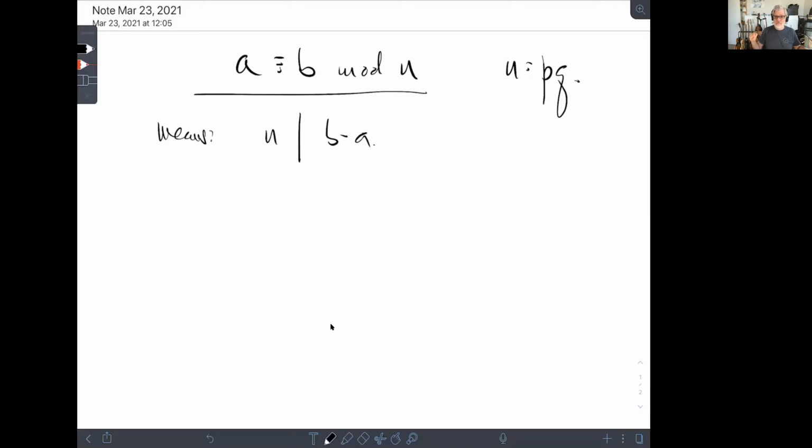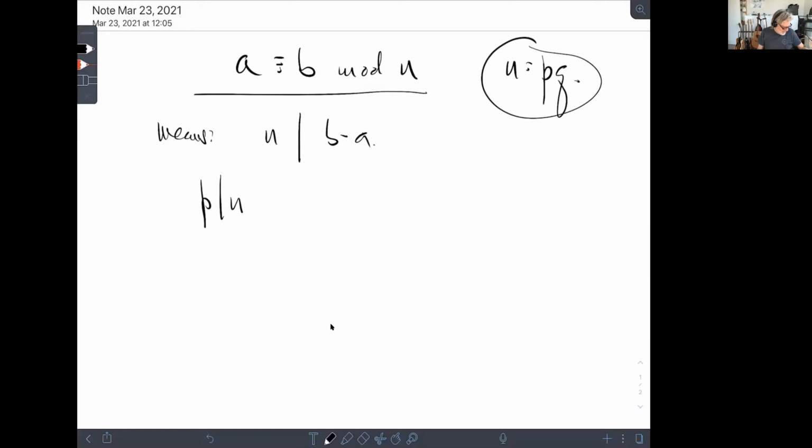Now, n is equal to P times Q, so P divides n? Yes. And Q divides n.